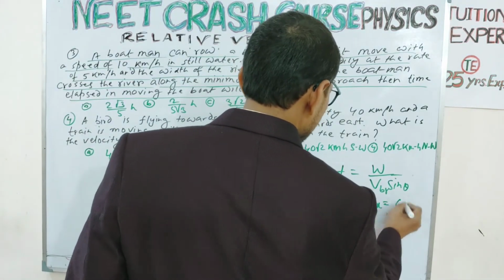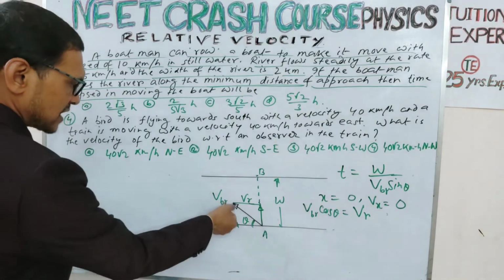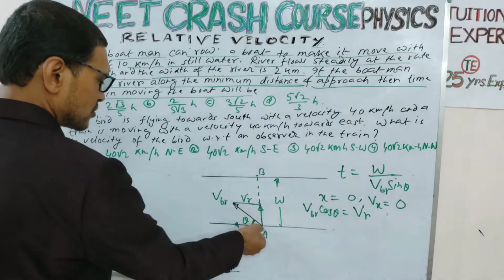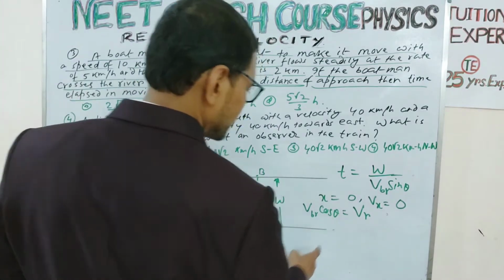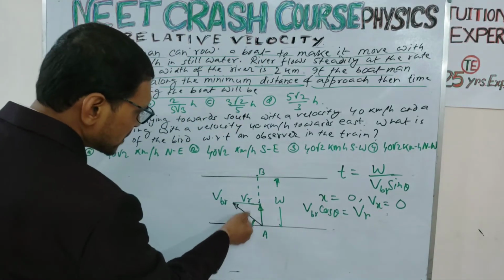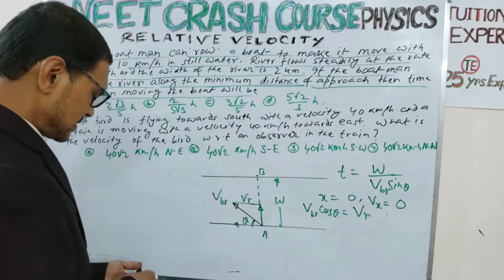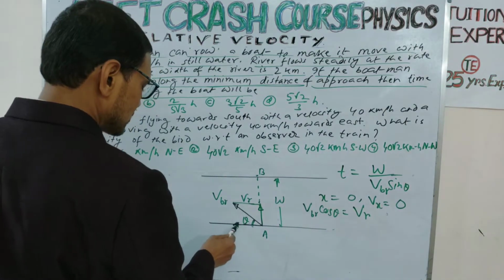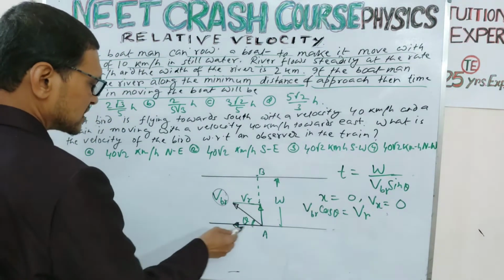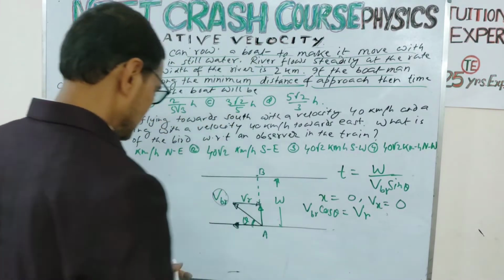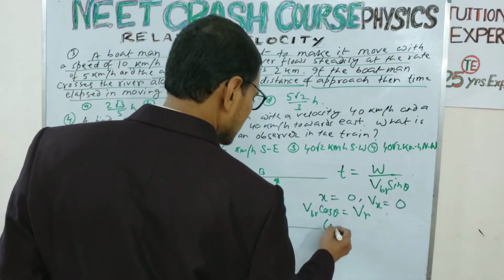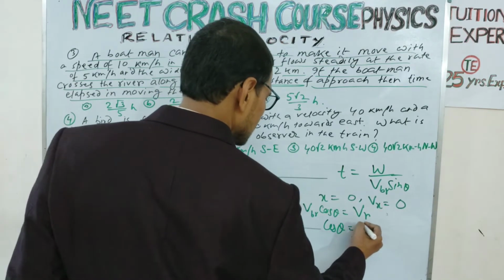Velocity along the x direction is 0. What is the velocity along the x direction? It is VBR cos theta along this and VR along this. So the component of this velocity along this direction should be equal to this, such that the net velocity will be 0 along the x direction.